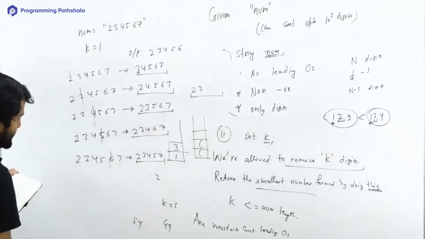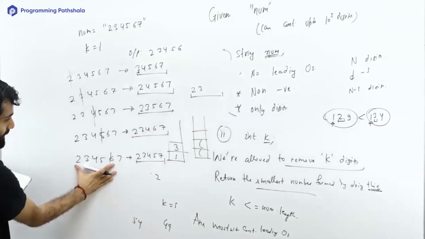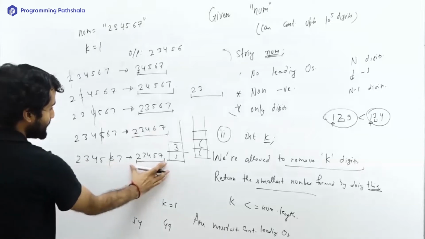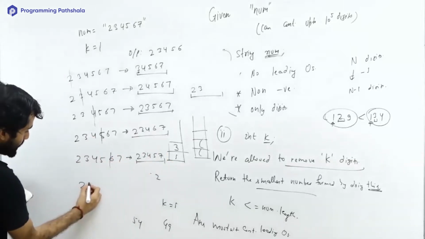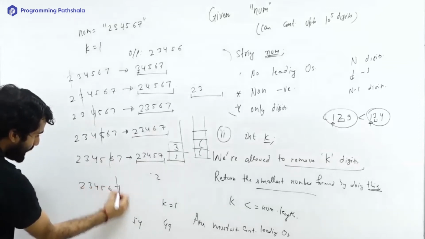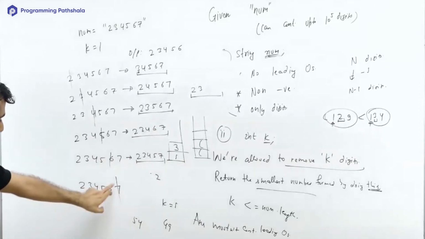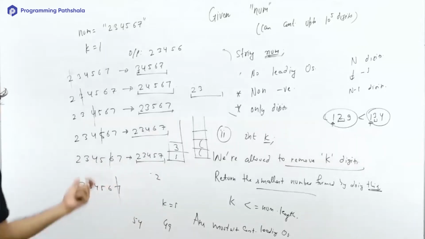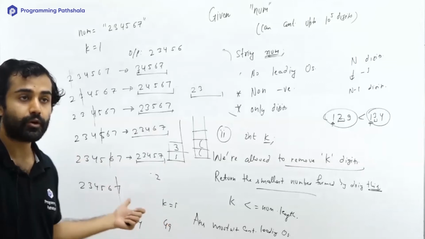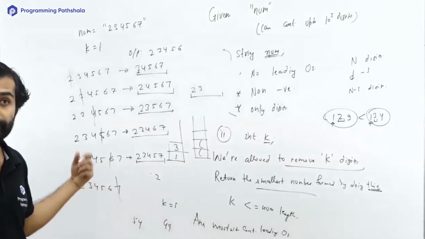And something that starts with 2, 3, 4, 5, 6 would have been better than something that starts with 2, 3, 4, 5, 7. So as a final choice, you would just have removed the last number. That is the best possibility which you have, because removing anything else would be foolish.